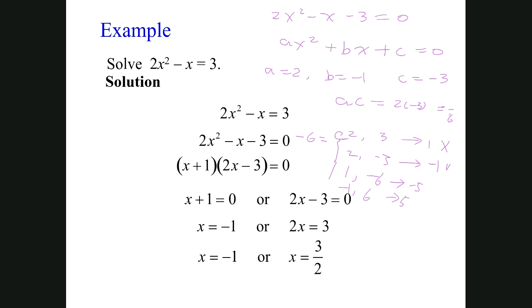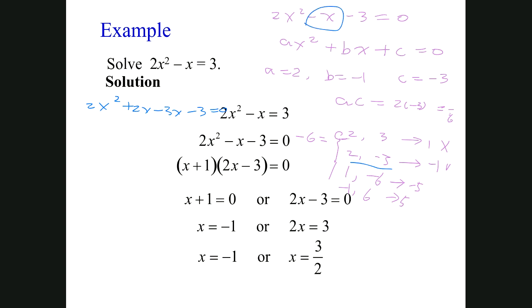I will have a 2x squared plus 2x minus 3x and then minus 3 equal to 0. So what happened in here, I break down my negative x into 2x and negative 3x.